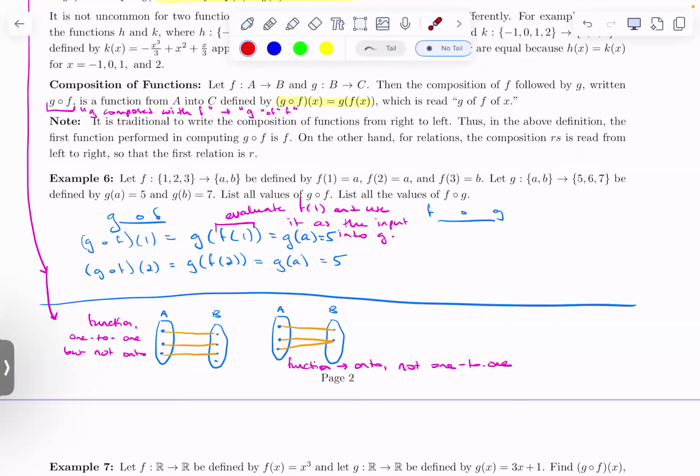So really, we're going from an input of f and we're ending at an output from g, kind of hopping. And for our last input of f, g composed with f of 3 is g of f of 3. f of 3 is B, and g of B is 7.